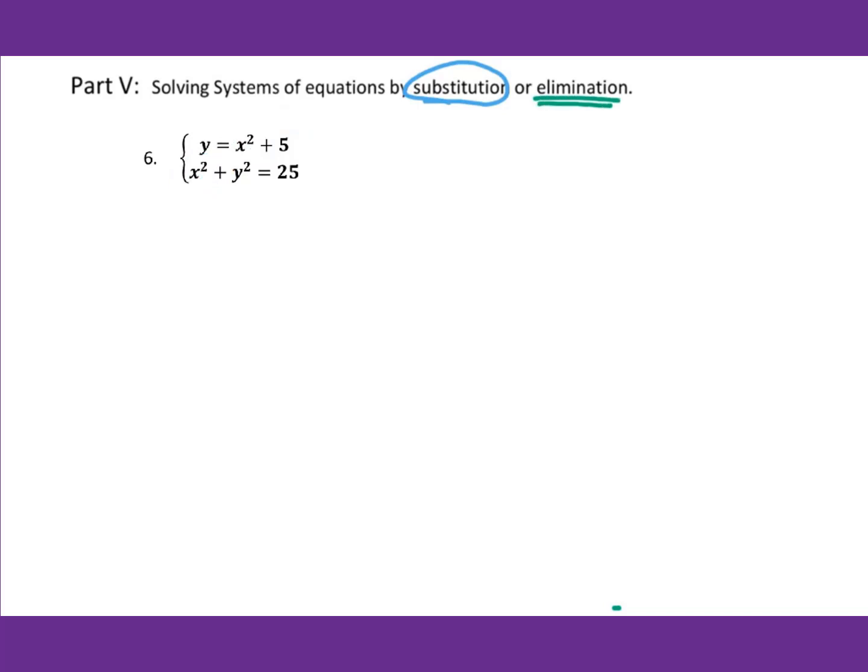For the elimination, we want to get the equals constant format. So we put the x, y equals constant pattern. Therefore, we move x squared to the left side. We got -x squared plus y equals 5.